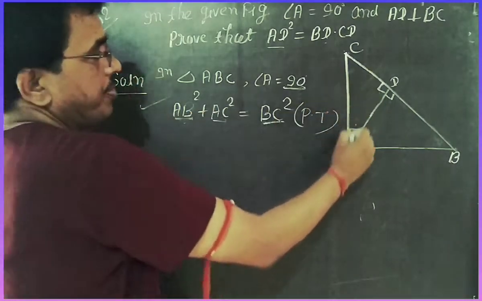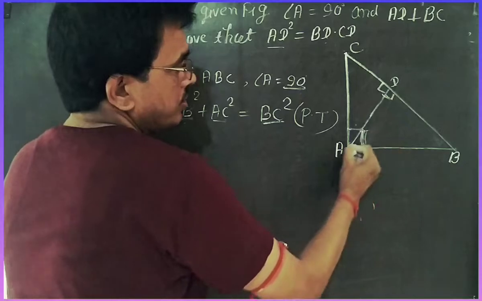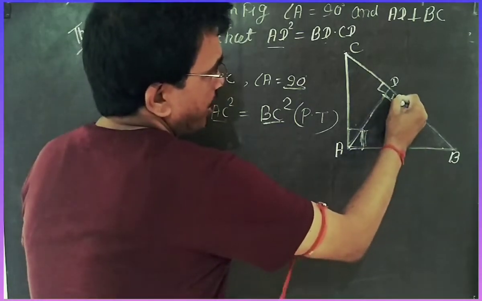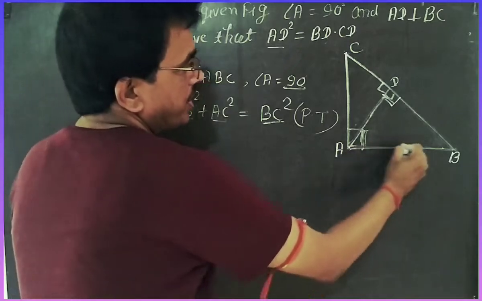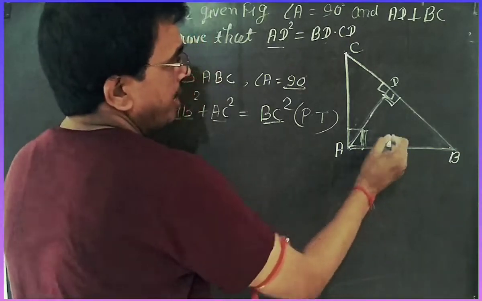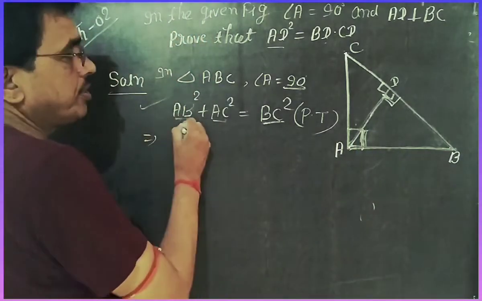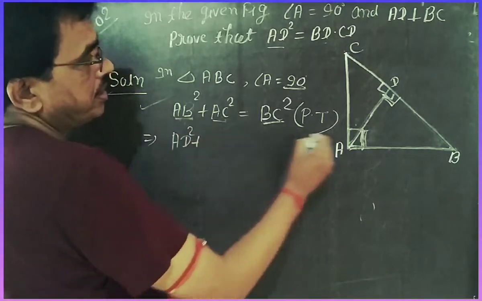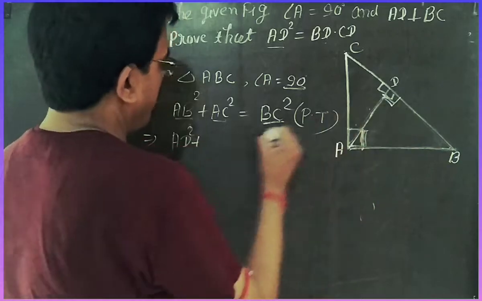Now this AB square you can write, it is also a right angle triangle, then AB is the hypotenuse because it is a right angle. So with the help of Pythagoras you again find AB square and it is equal to AD square plus BD square.